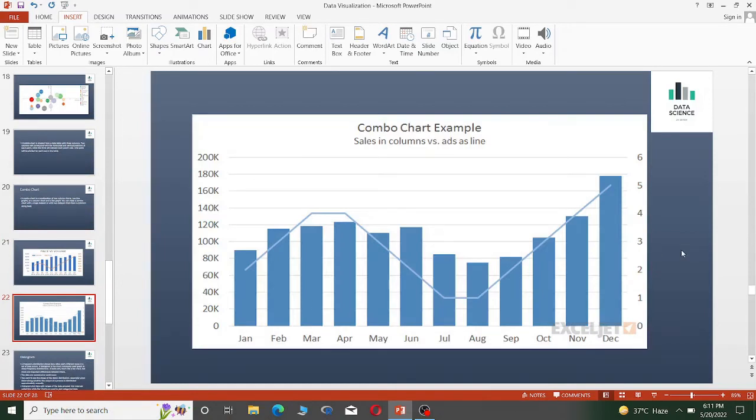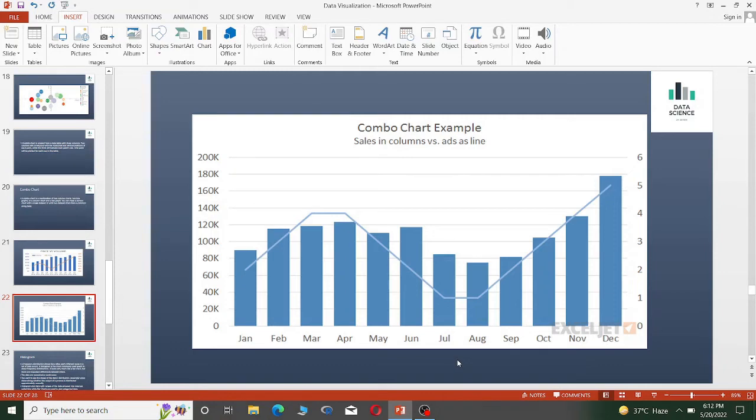So folks, please once again try to gain some insights from this combo chart after pausing the video. It is as simple as the previous one. It is also a combo chart containing one column and one line graph, where the primary axis is showing sales and the secondary axis is showing the number of ads, and the common field is months.